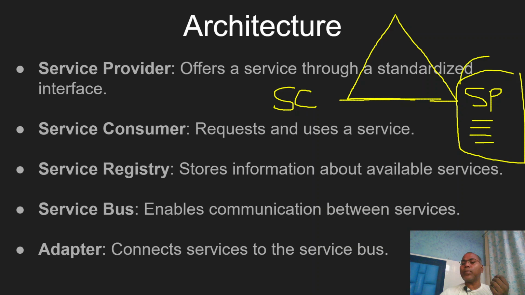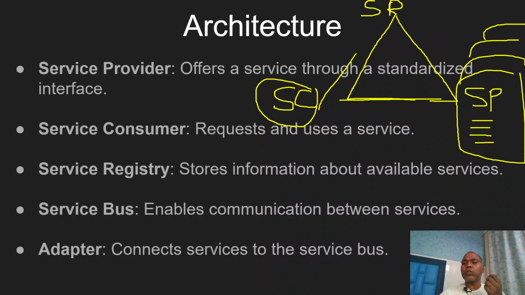So with a couple of services deployed here, instead of directly accessing and knowing every piece of information, the service consumer approaches the service registry. The service consumer first talks to the service registry, which knows everything, and every service provider registers itself in the service registry.